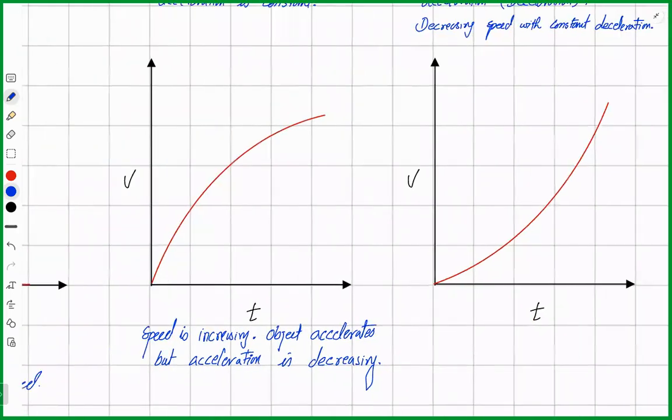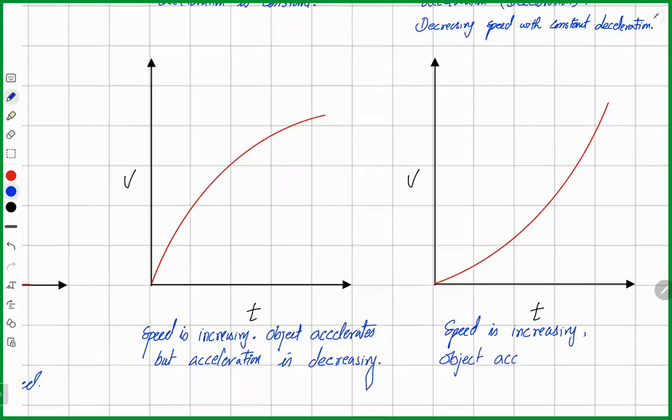Okay. For the last one, speed is increasing.